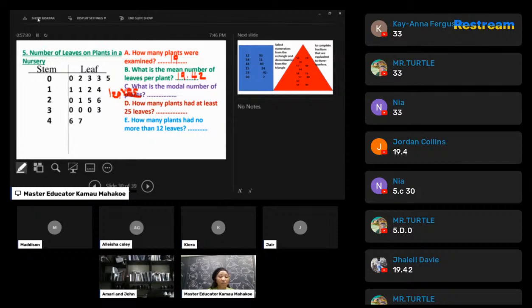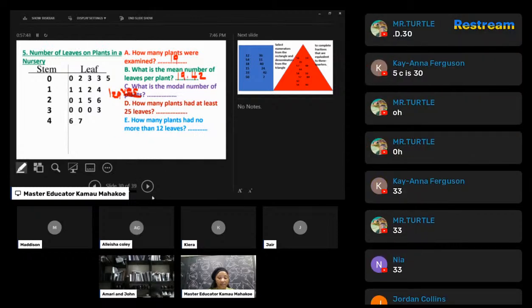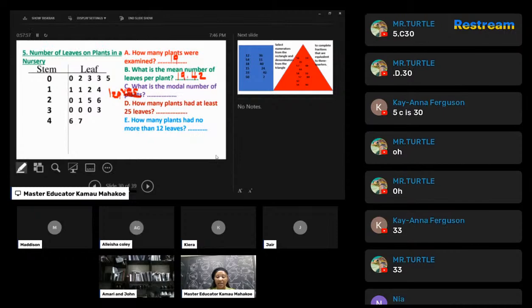So what's the modal score? It's not 3. I'm seeing some students posting their answer for C. Kayan is saying 30, Mr. Turtle is saying 30, Kira is saying 30, and that is correct. The modal score is 30.